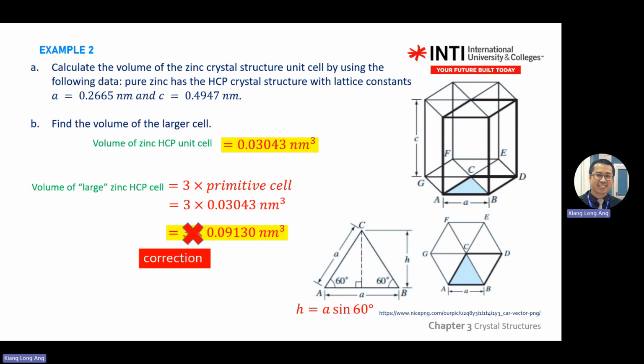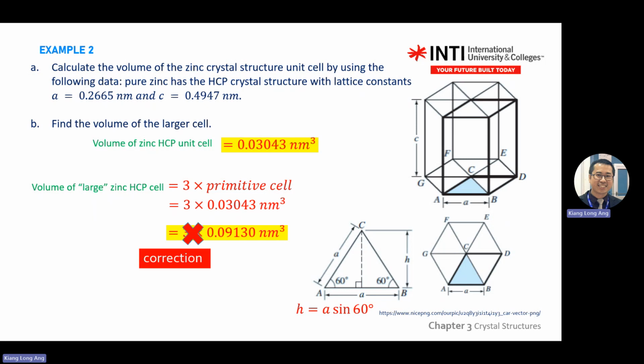Okay, so this is how you solve for HCP. It's actually not difficult, it's only your understanding. You draw HCP, then you break into 6 cubes, label A, label C, then you use trigonometry derivation to find the relationship of A and h, substitute back, find the area of these two triangles, multiply by the C, and then that is a primitive cell.